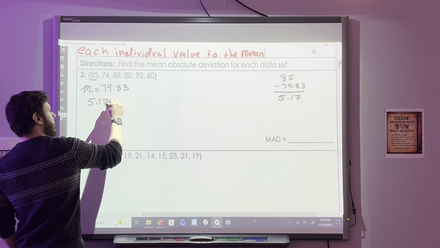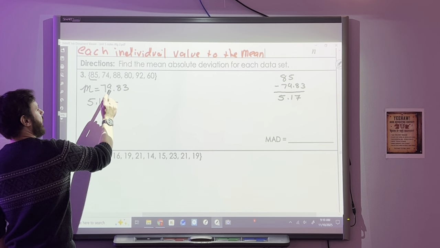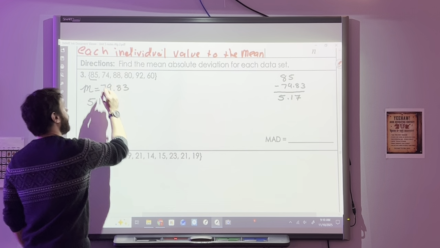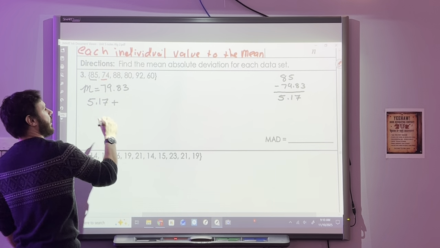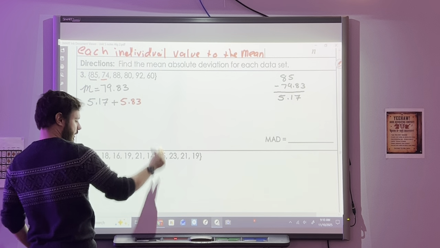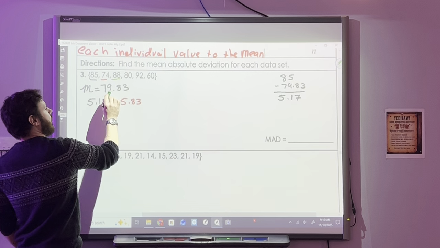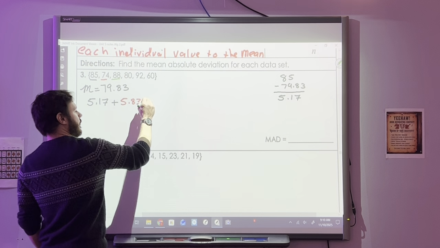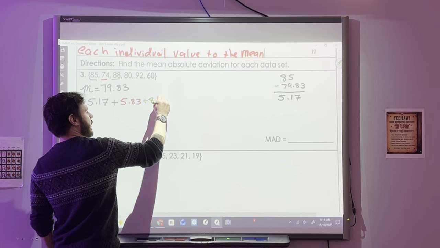5.17 plus, how far away is 79.83 from 74? Well, if I take 79 and I subtract that, I'm gonna get 5.83. That's how far away it is. How far away is 79.83 from this? It's gonna be plus 8.17.